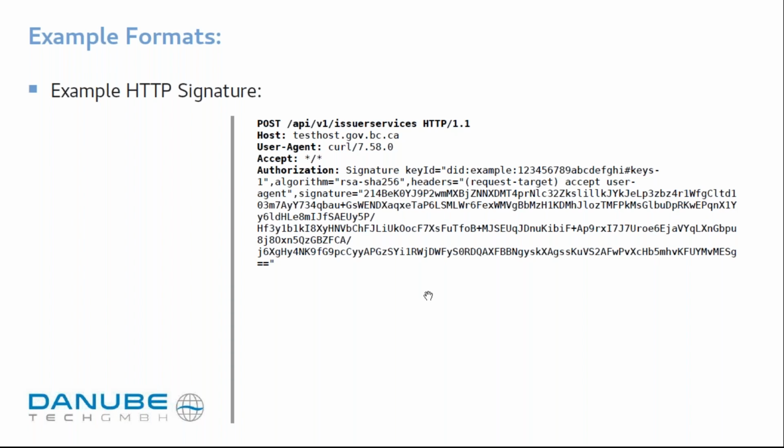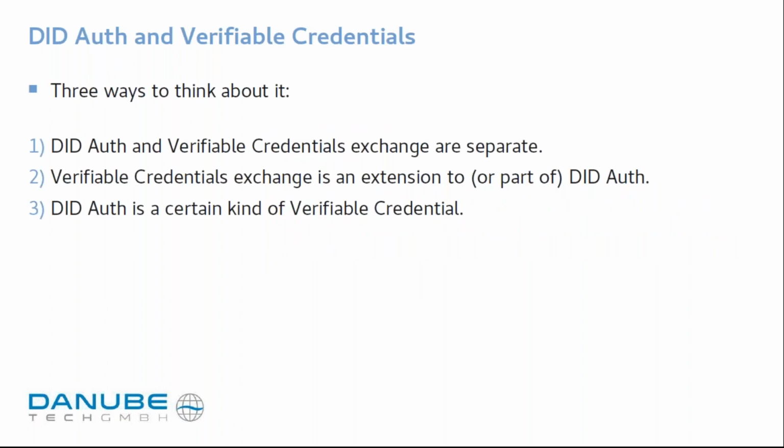At this point, I have a few slides on how DID Auth fits in with other things. So one question that comes up a lot is how does DID Auth relate to verifiable credentials, right? Both have to do with identity, both have to do with DIDs and with cryptography, and in my view, there have been three different ways of thinking about how they relate.